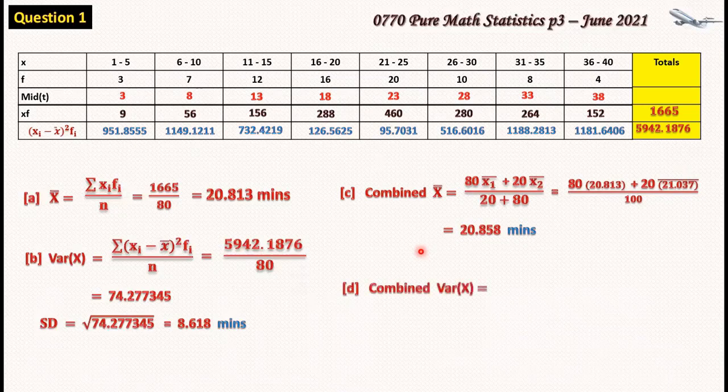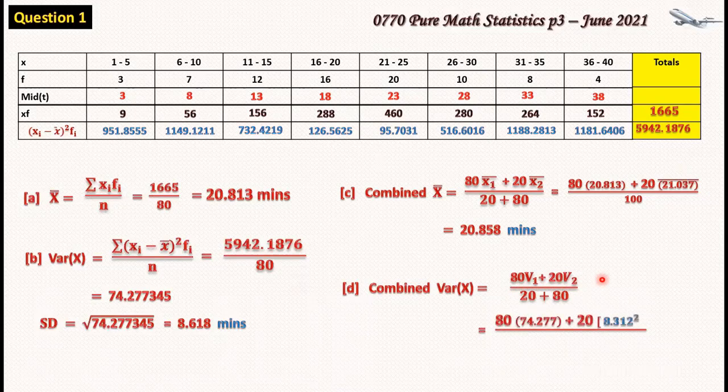So the combined variance as well will be equal to the variance of group 1 times the frequency of group 1 plus the variance of group 2 times the frequency of group 2, all that over the sum of the frequencies. So this gives us 80 into 74.277 plus 20 into 8.312, all of that squared.